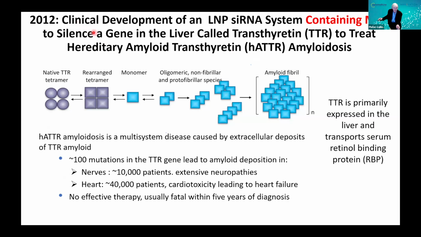Subsequently, Alnylam took this into the clinic to silence a gene in the liver called transthyretin to treat a disorder called transthyretin-induced amyloidosis. Transthyretin is made in hepatocytes. It's secreted into the circulation. If there are mutations in the gene, then it can form these amyloid fibrils that deposit particularly in nervous and heart tissue and cause very significant problems.